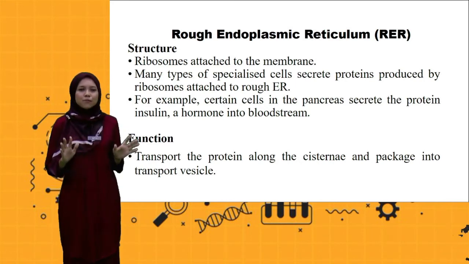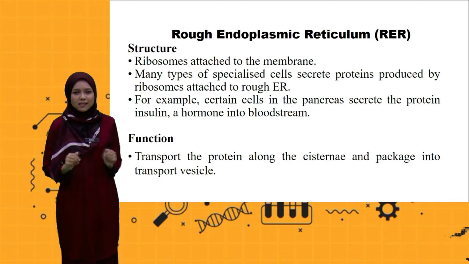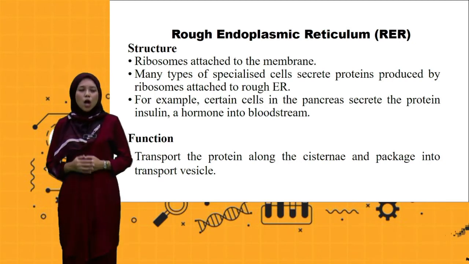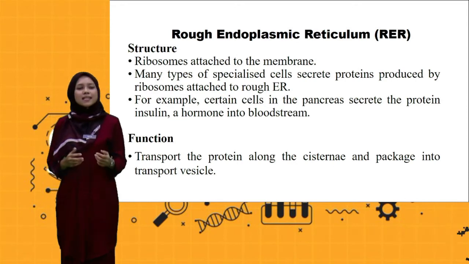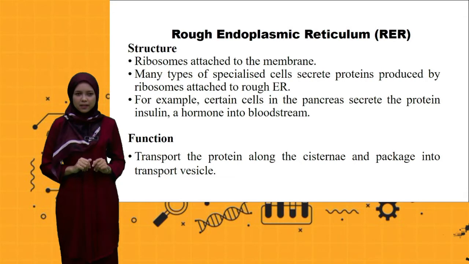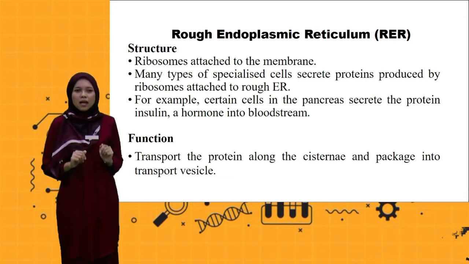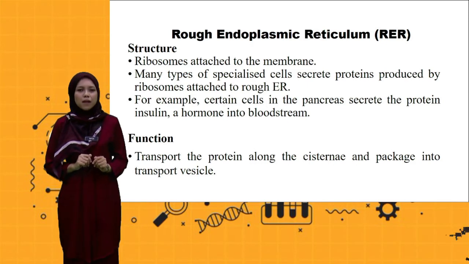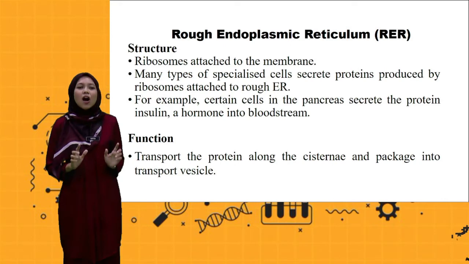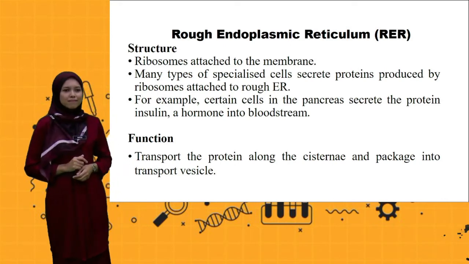Many types of specialized cells secrete proteins produced by ribosomes attached to rough ER. For example, certain cells in the pancreas secrete the protein insulin, which is a hormone that is secreted and travels into the bloodstream. So, there is abundant RER in pancreatic cells for secretion of hormone.